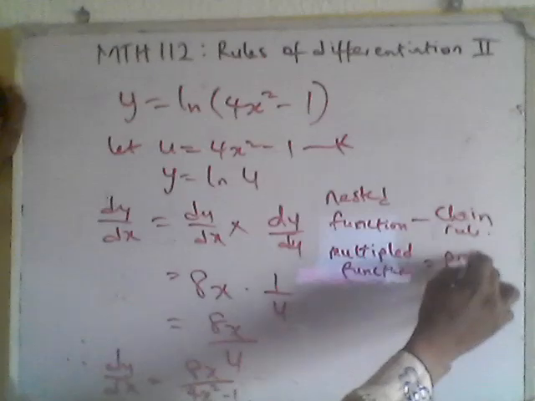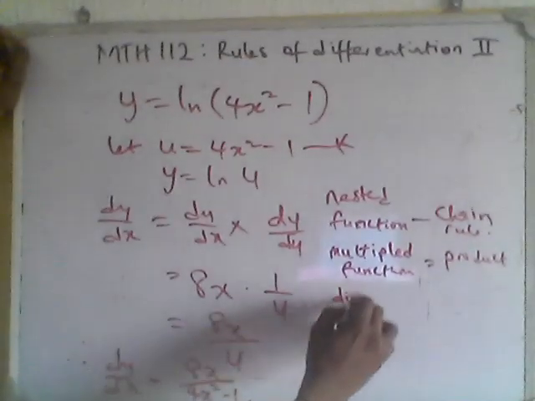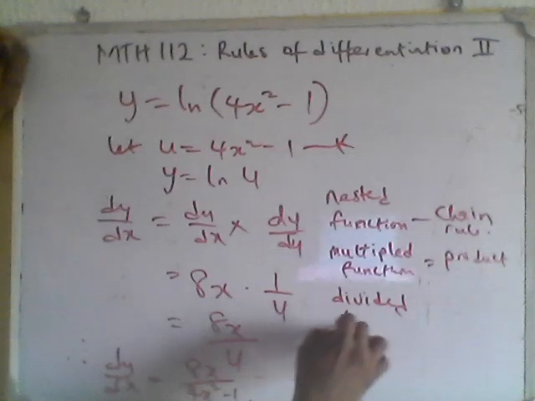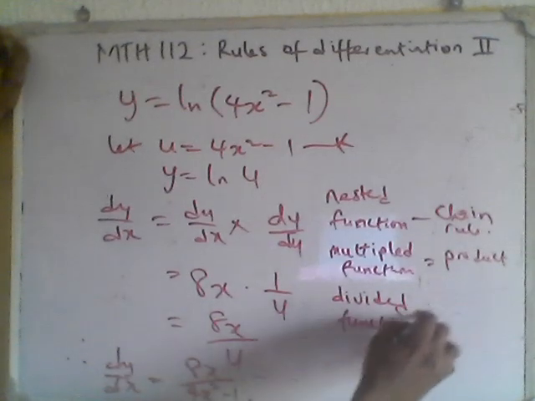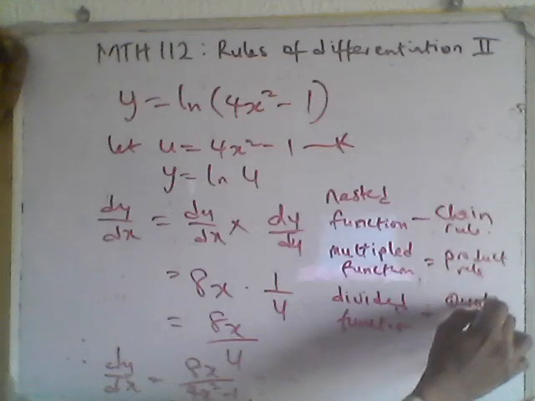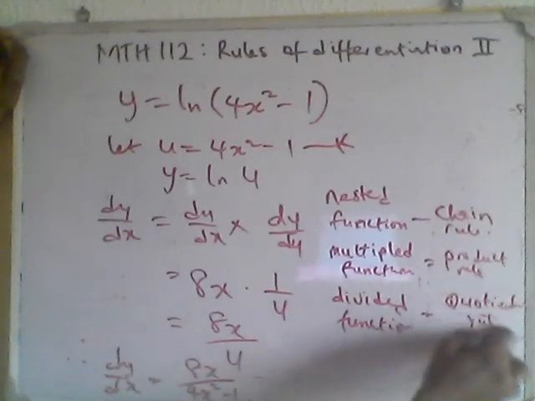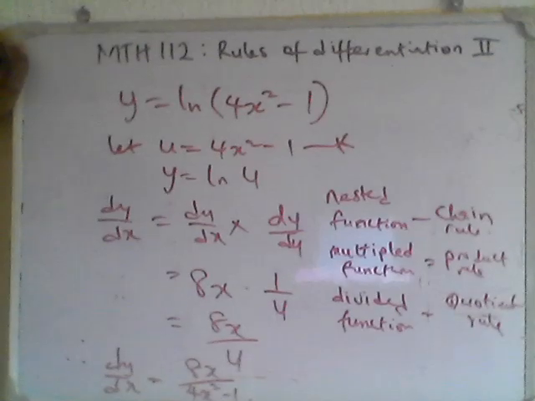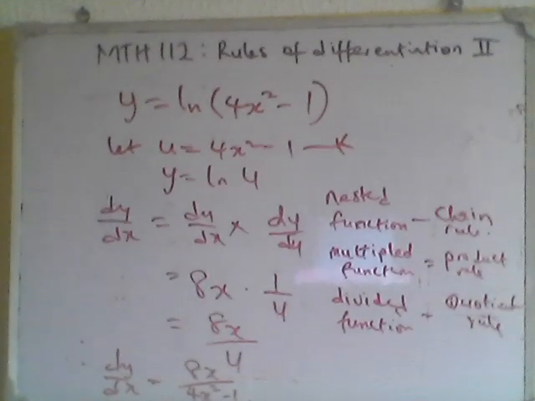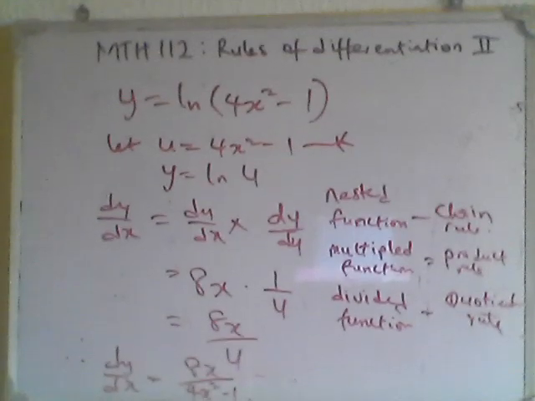Product rule. When you see a divided function, you use quotient rule, bottom the top, my favorite. And often we can see the three paired together. So the skill is noticing the structure of the function before starting.